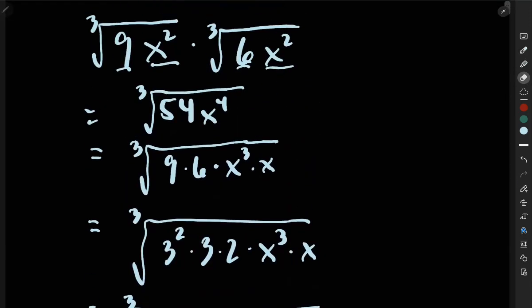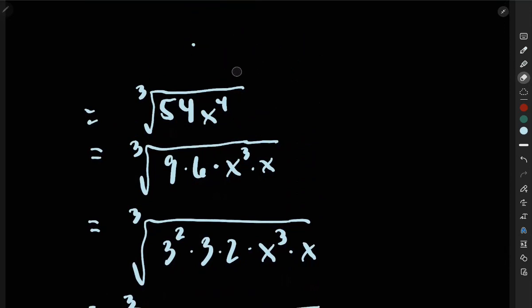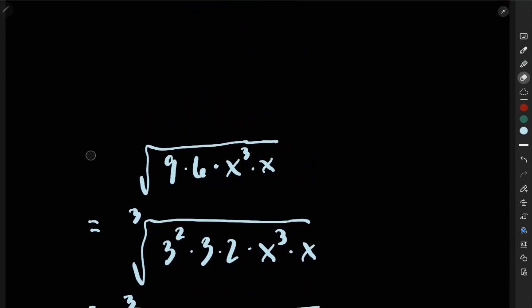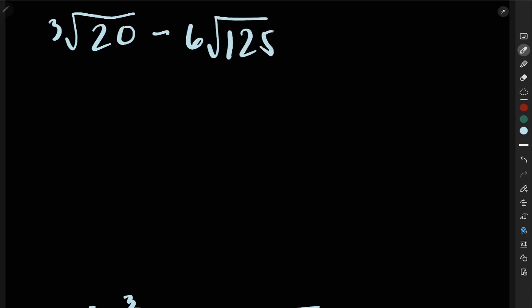All right, how about addition of radicals? So let's have an example like 3 square root of 20 minus 6 square root of 125 plus 5 square root of 45.